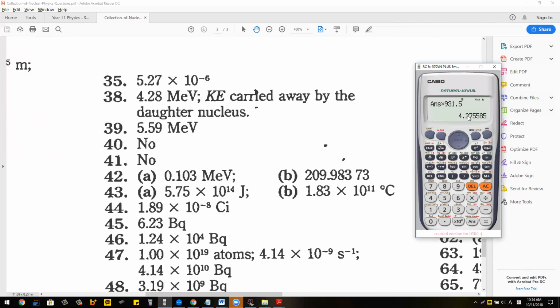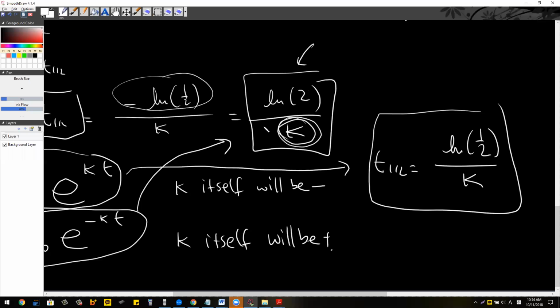What was it talking about when it was talking about kinetic energy and stuff? Or do we not need to do that? Well, this is just playing with the words. There's a particle, and it was at rest, okay?